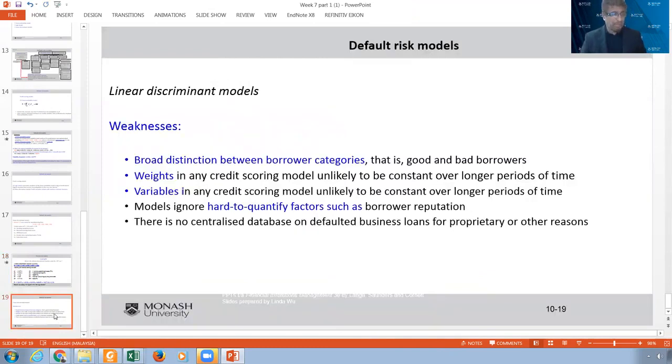Now, let me come to the last slide in this part, and we talk about the weaknesses. The weaknesses of the linear discriminant model, which is the Altman Z: there is a broad distinction between borrower categories, that is good and bad borrowers. Anything under 1.81, we say bad.